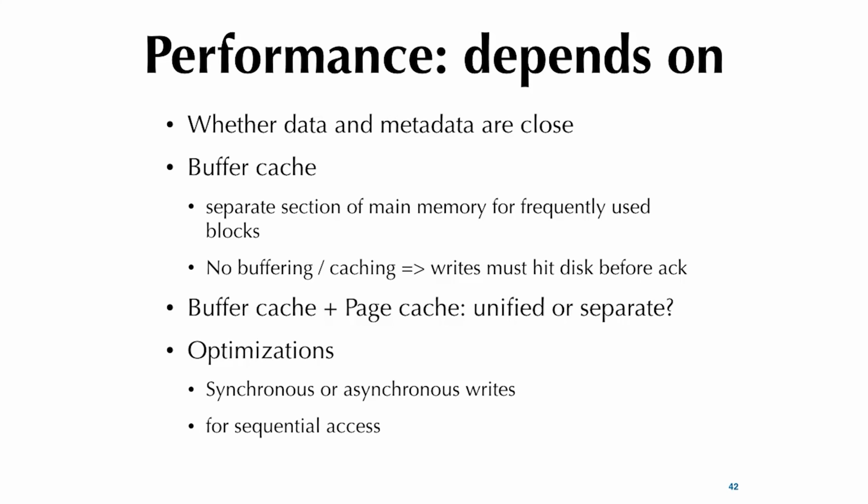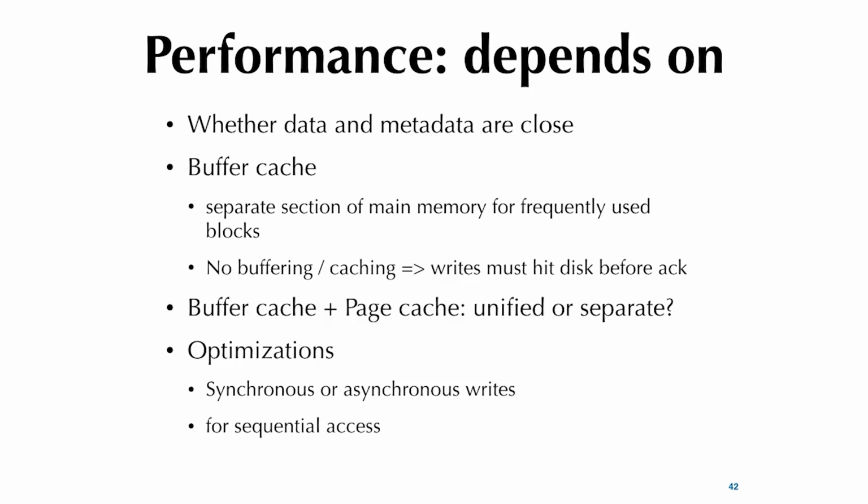So without this buffering, that means every write must actually go all the way to the disk before you can be sure, right? And that's costly. Now, page cache is for paging, right? So buffer cache and page cache, both are caches, both take up kernel memory. And there's actually a somewhat related concept. Why? Because if you do paging, you're also doing it to disk, right?